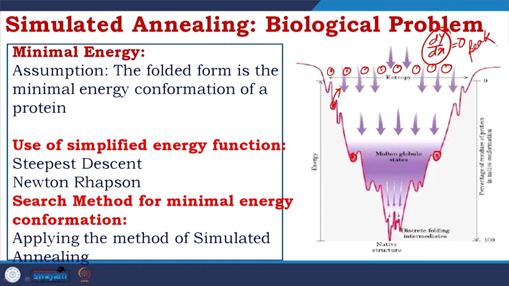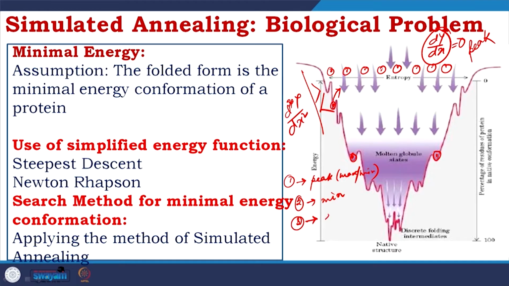Now, you do the double derivative d2y/dx2; whether it is greater than 0 or less than 0 tells you if it is a maxima or minima. So, first you know it is at a peak, maxima and minima both. Now, you confirm it is a minima.